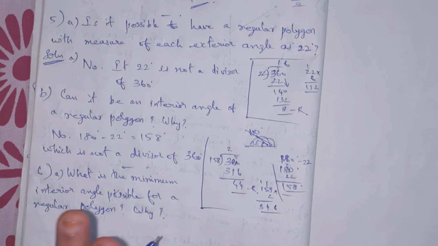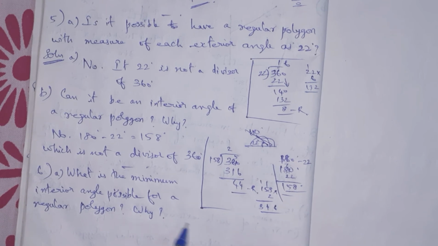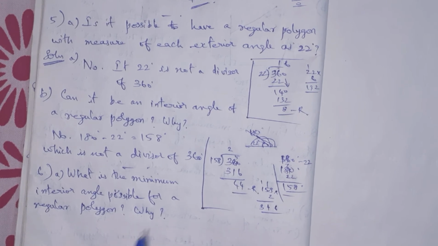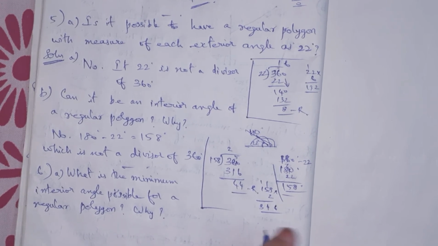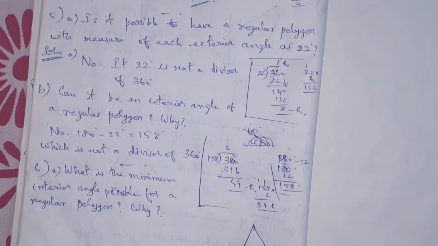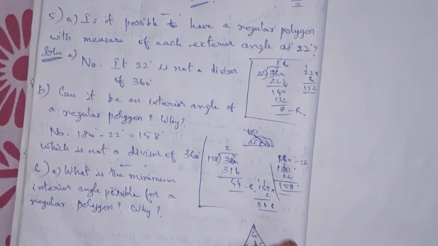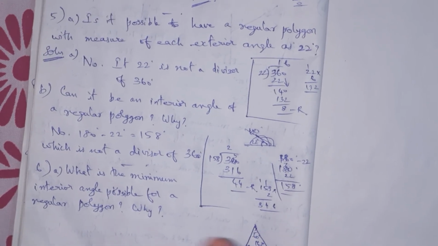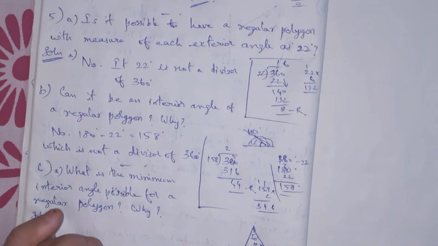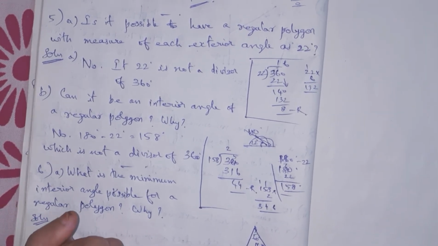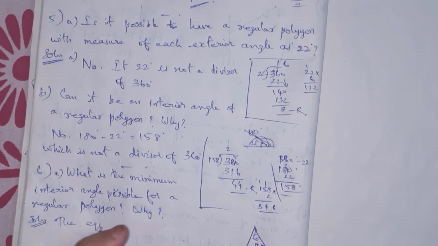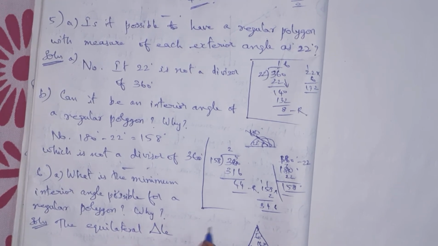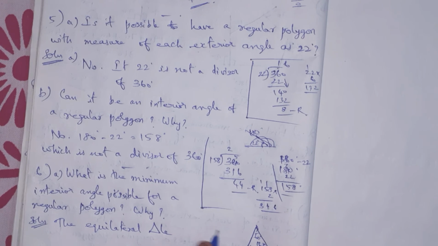A regular polygon with 3 sides means an equilateral triangle, having the same sides and the same angles, 60, 60, 60.